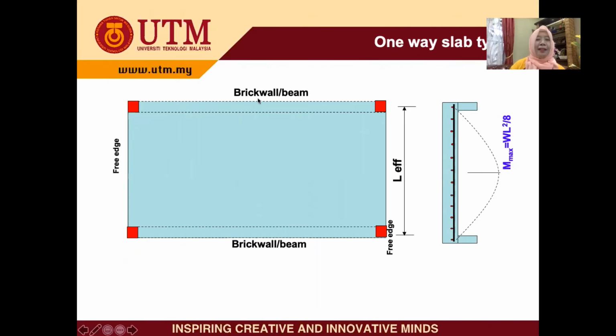In this case, if you want to design, just imagine where the cracking will occur. During the ultimate limit state, it will occur in this direction. Therefore, you need to design this L as your span, the direction of the slab. You will require the steel in this direction to overcome this crack.